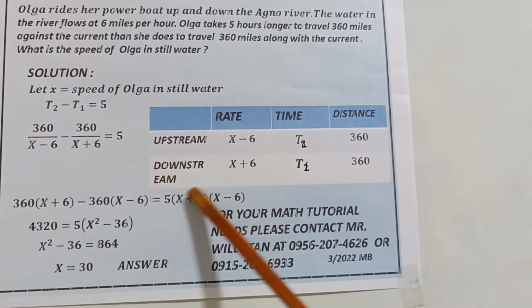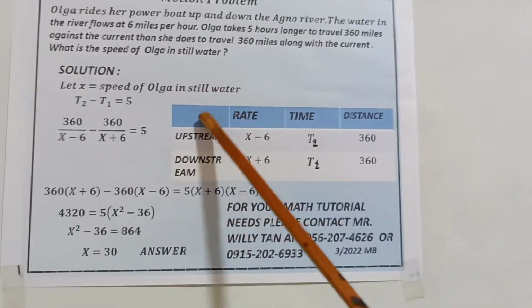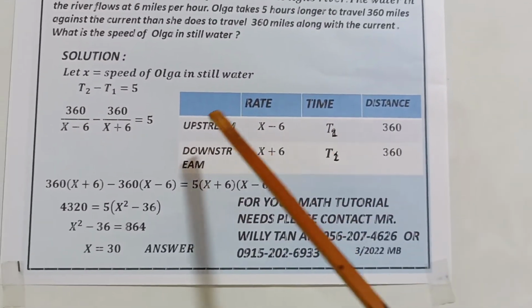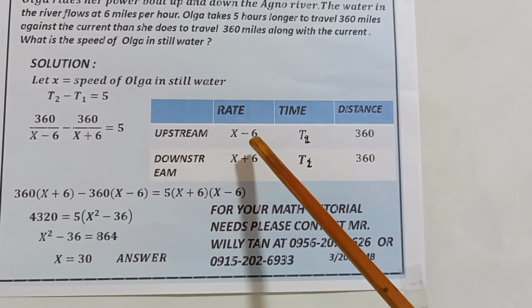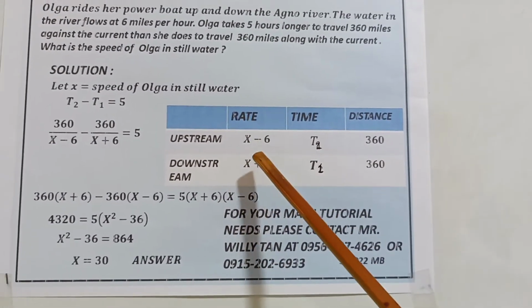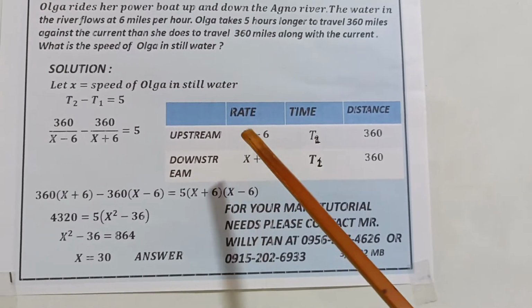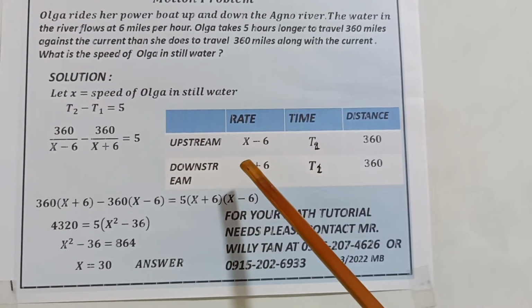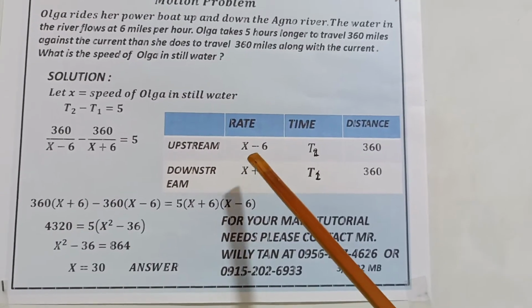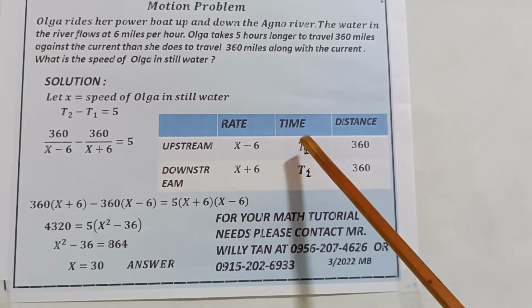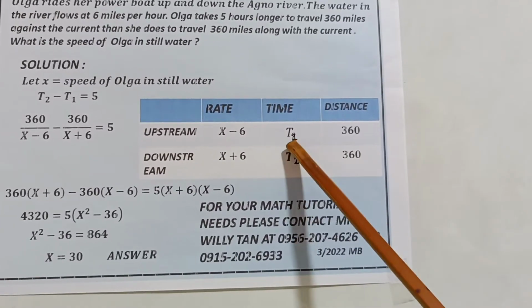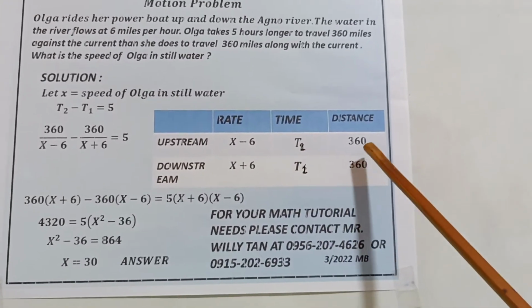Now we make a table here for upstream. If x is the speed of Olga in still water, x minus 6, where 6 is the speed of the river, or the river at 6 miles per hour. So t sub 2 is the time, and the distance is equal to 360.